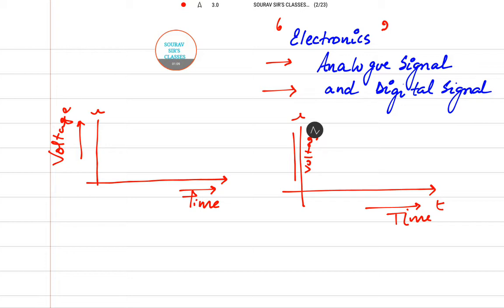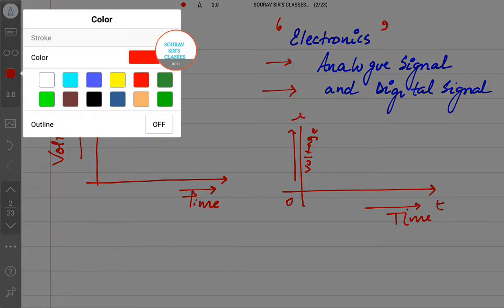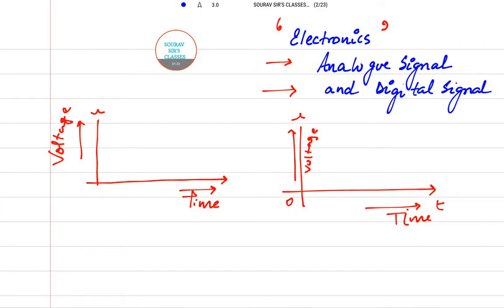Okay, and there will be some dotted segment also in this, we will do it later. Okay, so this is 0, and now with blue ink I'll be drawing this. So we have something like this.